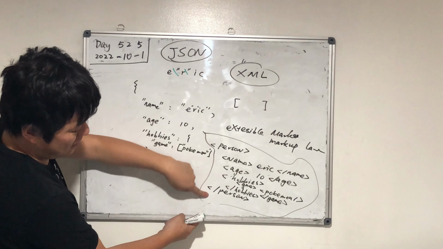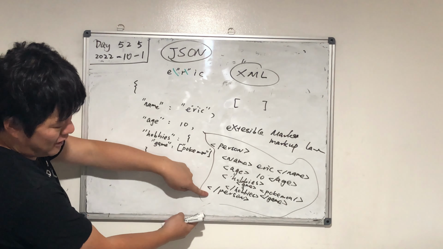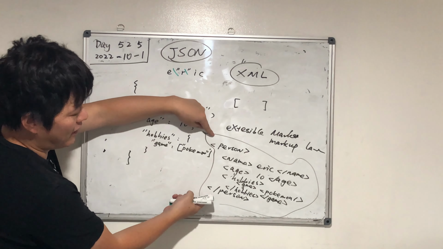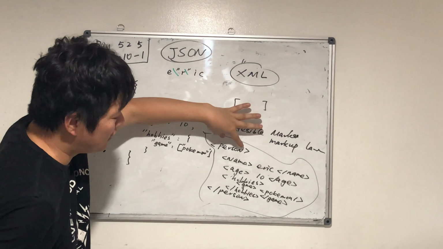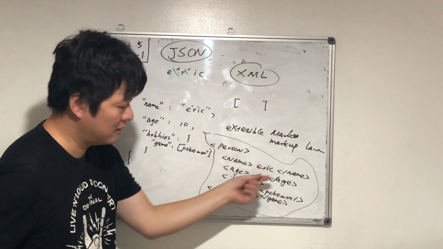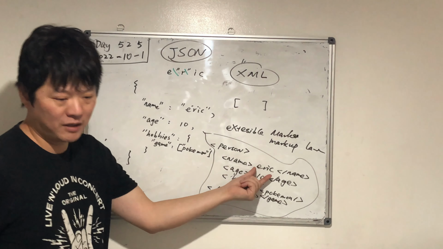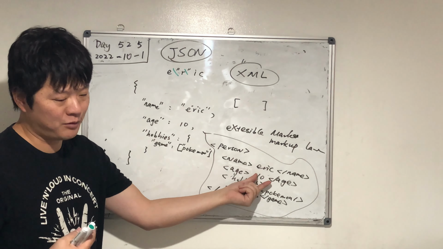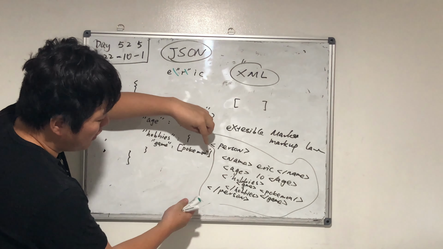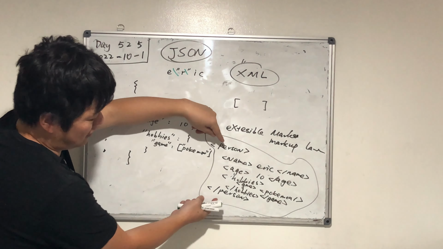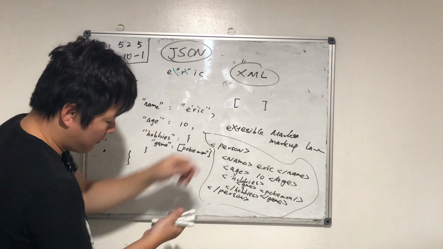Each element can contain text, a string we interpret as a value, like age, and it could also contain other elements. This person contains other elements.